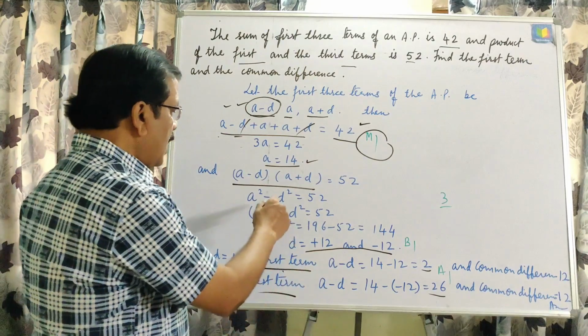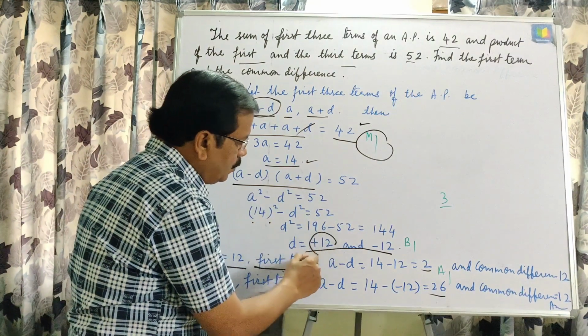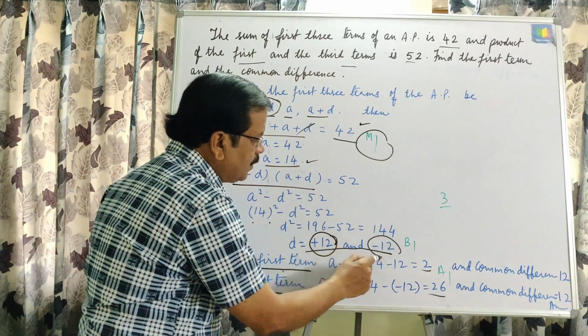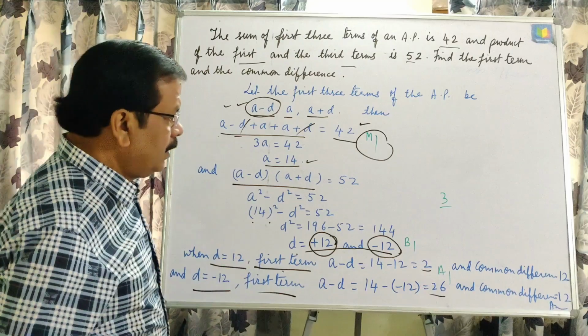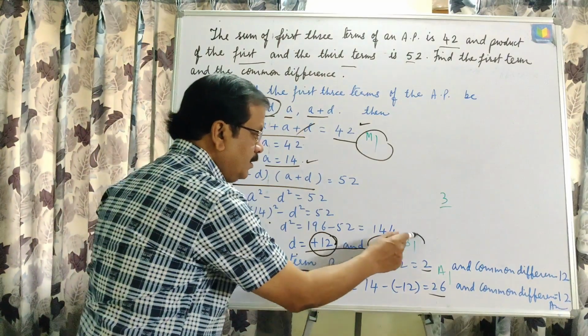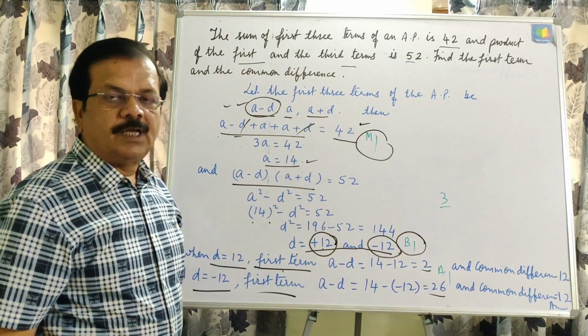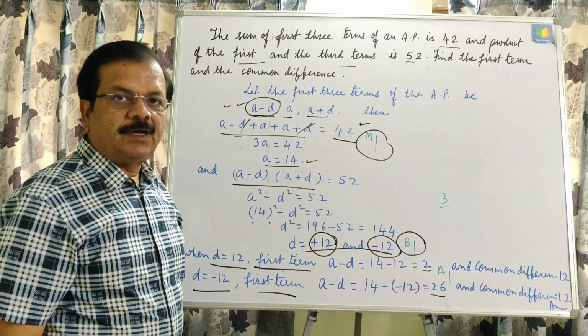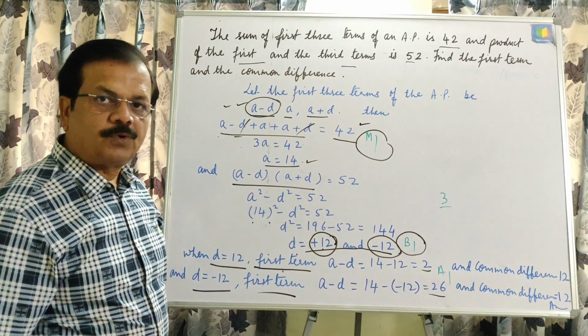And then after substituting the value of a, if you write both the values plus 12 and minus 12, otherwise you are losing a mark, it means you are not writing both the values, and that is why I make this habit: once you are writing the value of square root, you must write both the values.